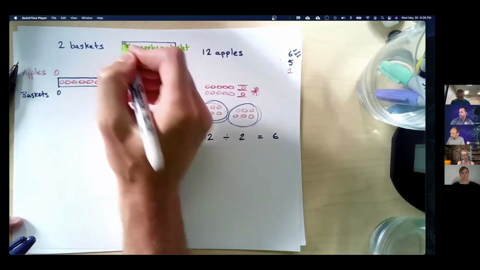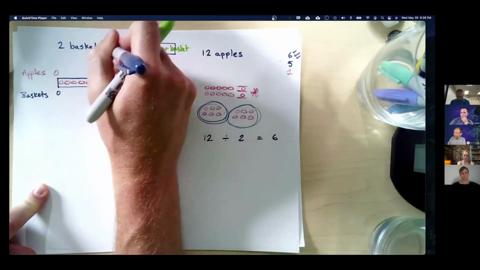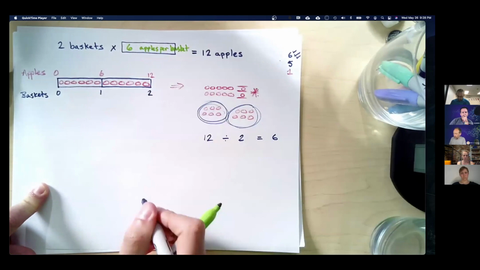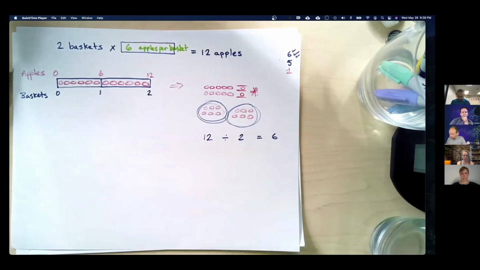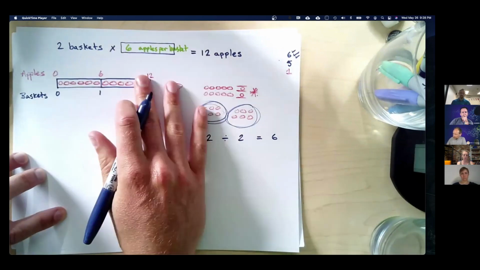Most students would say right away, well, 2 baskets times 6 in each basket is equal to 12 apples. And the part that I really want students to take away, and this is for the educators, is that I could actually represent this as an equation.